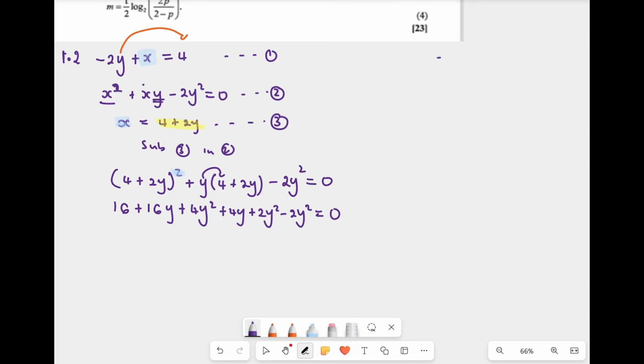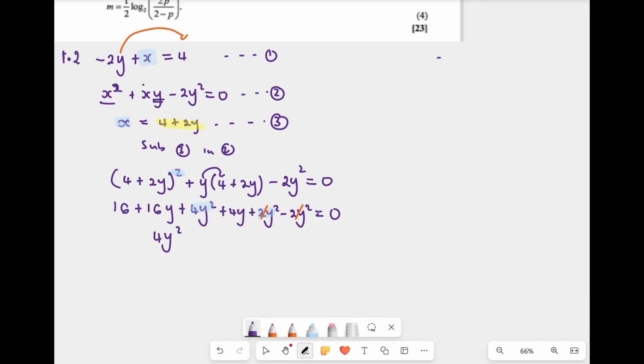Now, I am going to add all the like terms. 4y squared plus 2y squared minus 2y squared will remain as 4y squared because these two will cancel out. So we have 4y squared here.